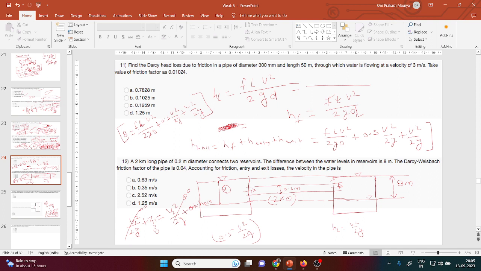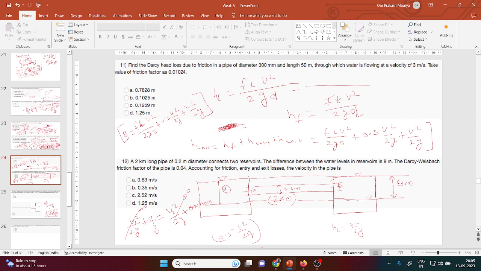Actually, the pipe is placed above the level of that second reservoir, isn't it? So when we compare the first reservoir's surface level and pipe level, should we take the difference? Yes, basically what I have drawn here. One reservoir is given with the full water level, right? And one pipe is connected to the second reservoir, and water is flowing.